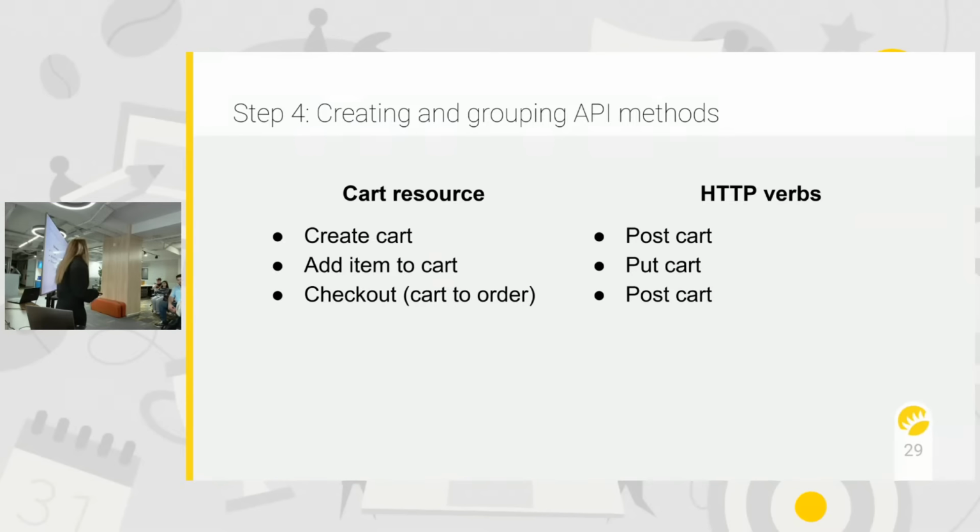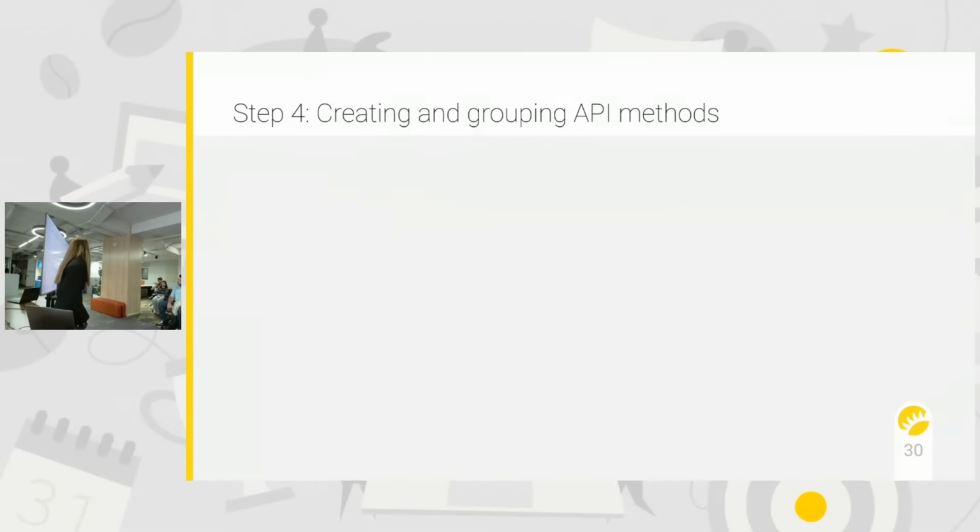It's post cart, add item to cart. So we have already cart, and if we want to add some item, some book, we will update this cart. And for checkout, in this process we place an order. So that's why we use post cart as a function.